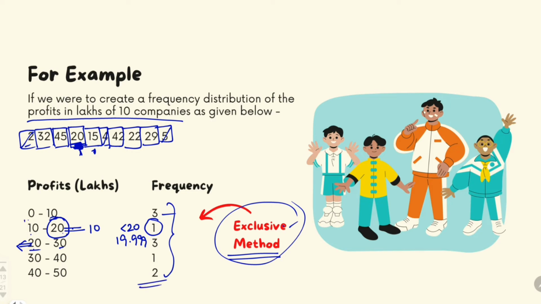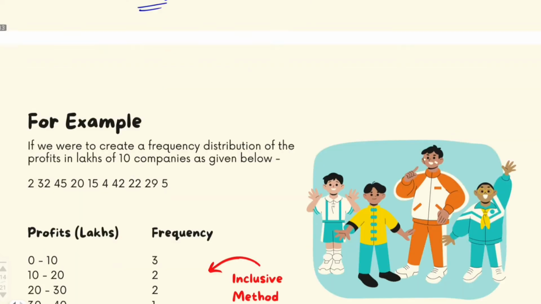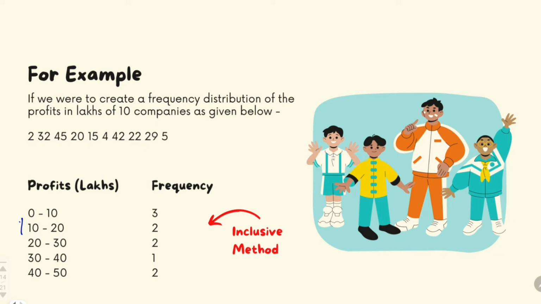Now let us keep an eye on this particular second entry itself and see what happens in the inclusive method. So in the inclusive method, you see over here 10 to 20 I have marked as 2. Why? Because here the 10 is not included.